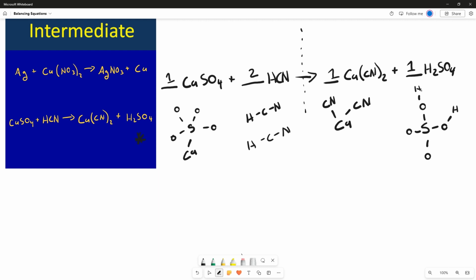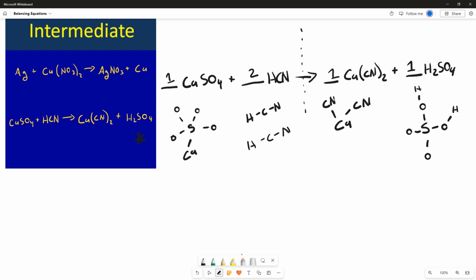Looking good so far. Now we're going to take a look at the CNs. We have 2 carbons on the left, 1 there and 1 there. And we have 2 carbons on the right, 1 there and 1 there. And we have 2 nitrogens on the left, 1 there and 1 there, and 2 nitrogens on the right. So it looks like everything is balanced.